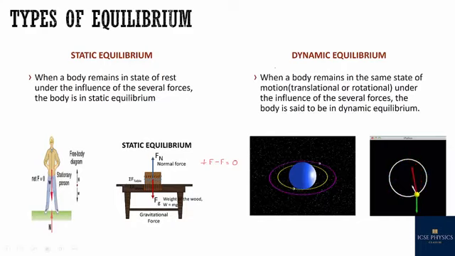What is dynamic equilibrium? When a body remains in a state of motion under the influence of several forces, the body is said to be in dynamic equilibrium, as in the case of the solar system. Even the planets and the sun are under the influence of several forces. They remain in a state of motion all the time.